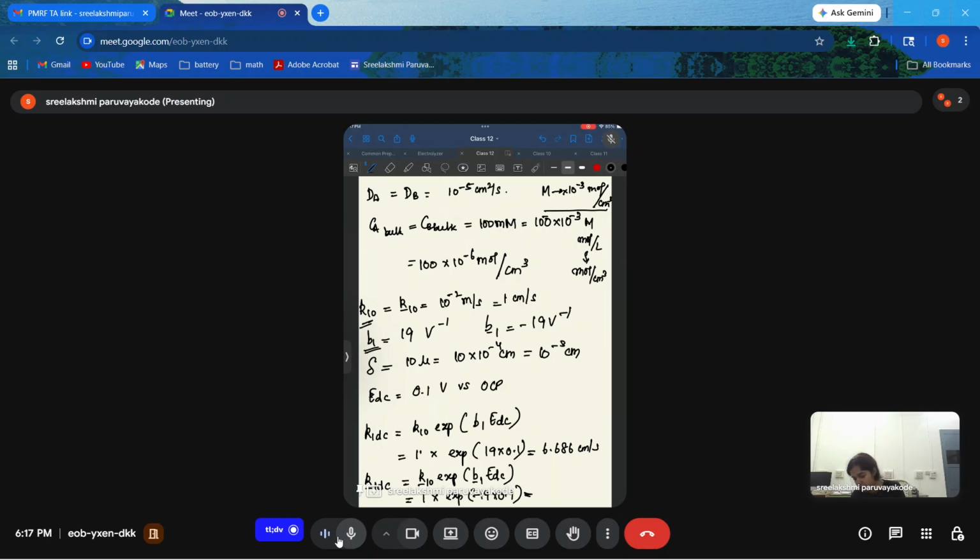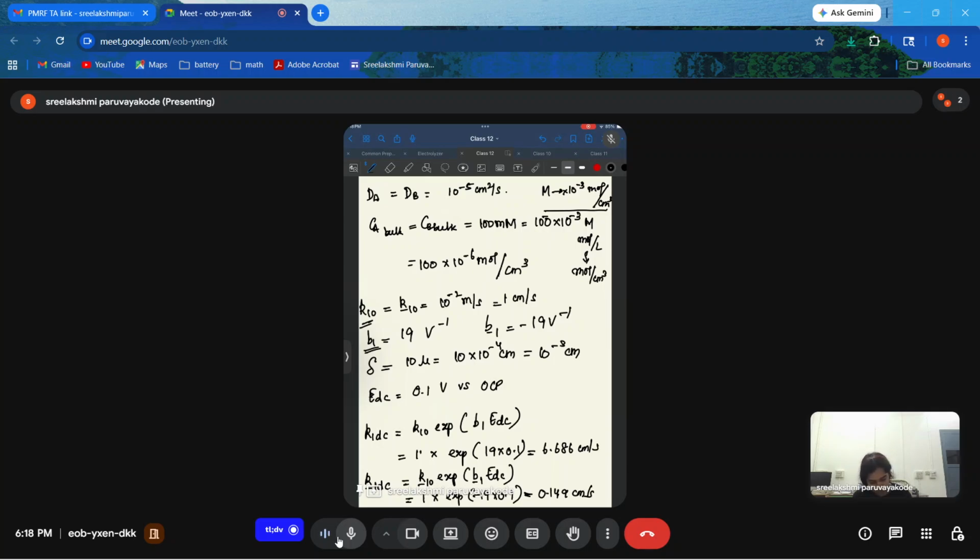Please again find out, substitute and find out. So you will get minus 0.149 centimeter per second.